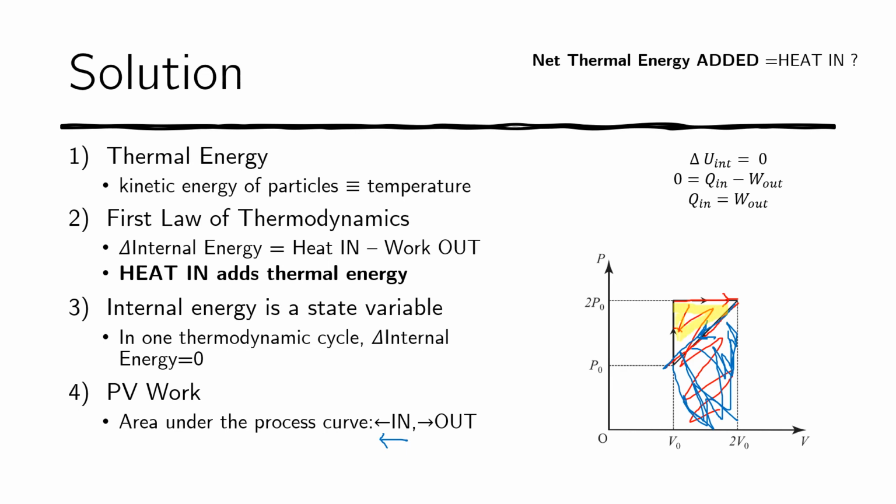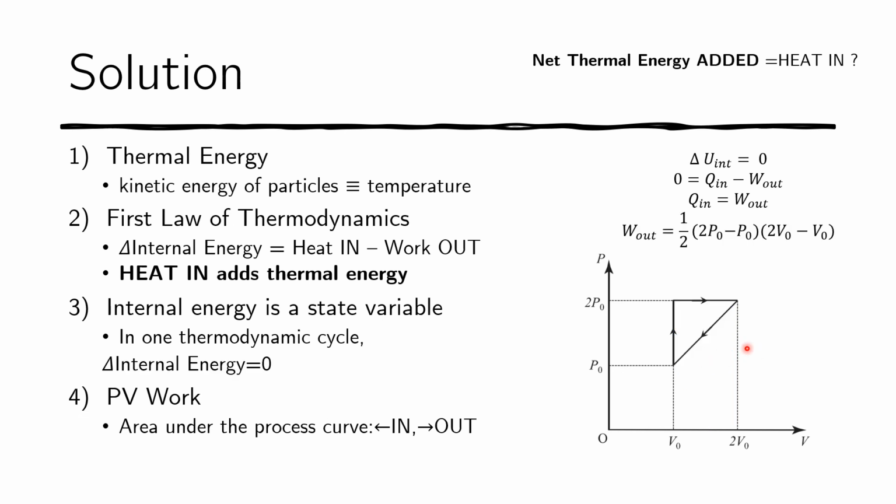So we just need to find the area here. But we can do that area from geometry, right? Because that's just a triangle there. And so we use 1/2 base times height. This is base and this is height, right?